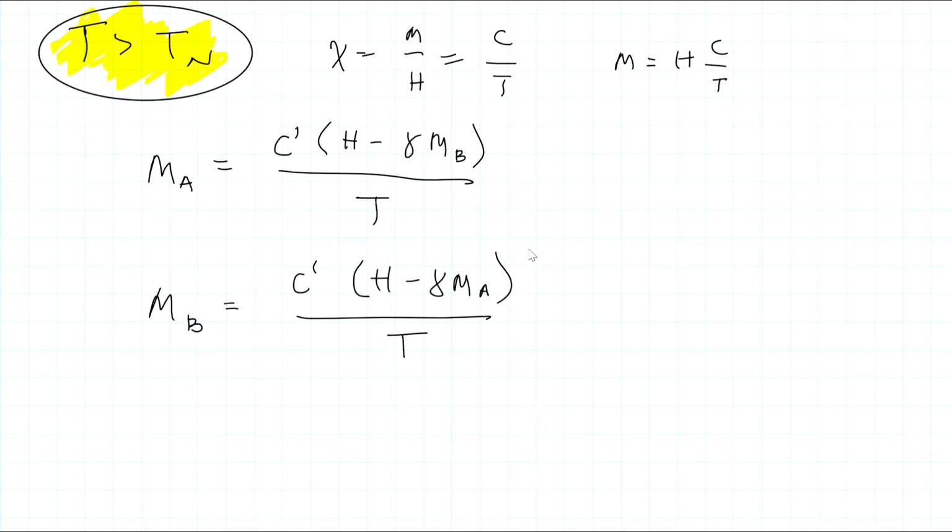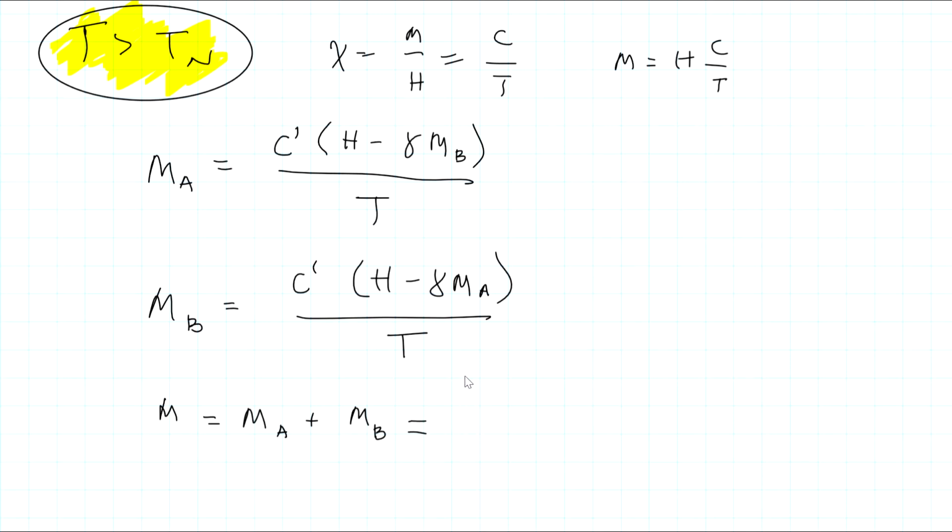Now we can look into the magnetization. We know M_A and M_B, so we can find M. We calculate M equal to M_A plus M_B, keeping in mind that they are opposing each other.